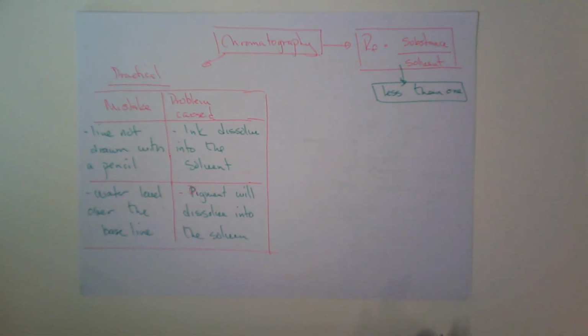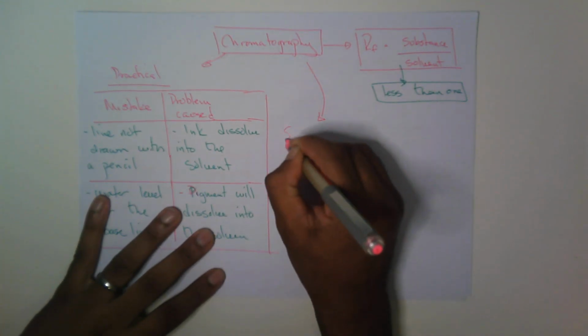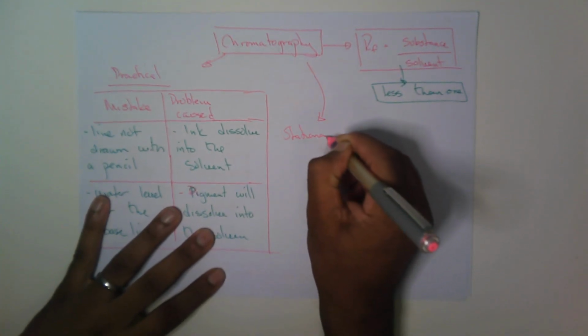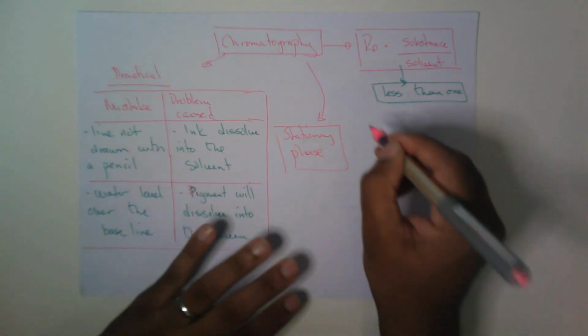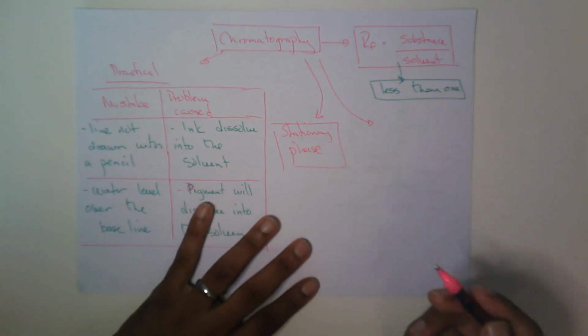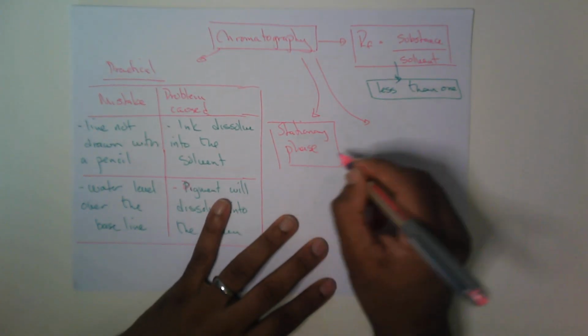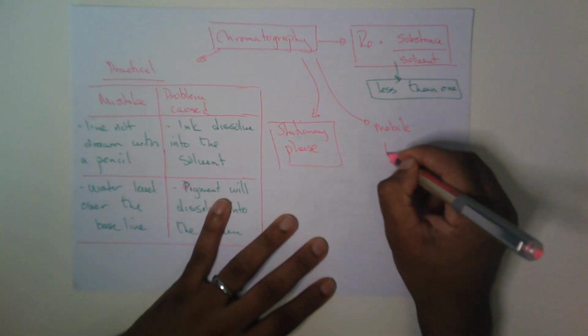Okay, so always less than 1. Now, a couple of other things. The 2 phases. You've got the stationary phase and the mobile phase. Now, this is when it starts to move into a bit more difficult words, difficult understanding. First of all, you need to be able to identify the phase.